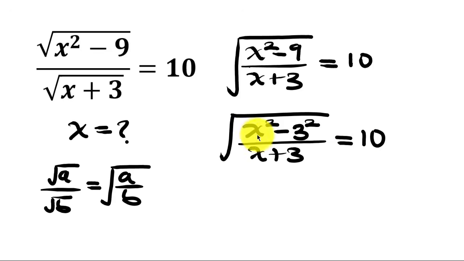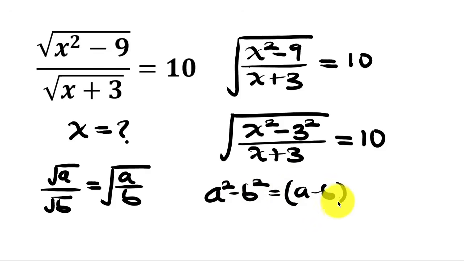Now notice that on the numerator, we have an expression in difference of two squares. Difference of two squares has this identity. A squared minus b squared is equal to a minus b times a plus b. Now let's apply this property to what we have here.